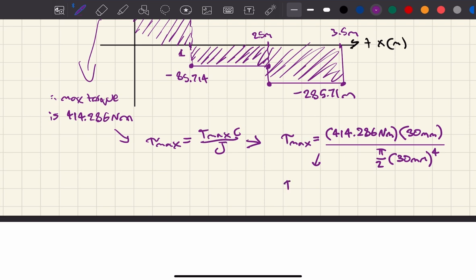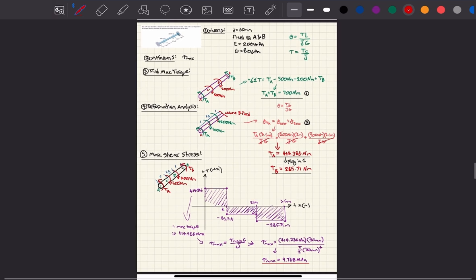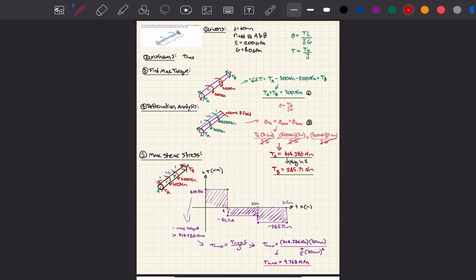The maximum shear stress endured by the shaft is going to be 9.8768 megapascals, and that is your final answer. If we check the diameter, it's 60, so the radius is 30. Okay, that is the answer to this question.